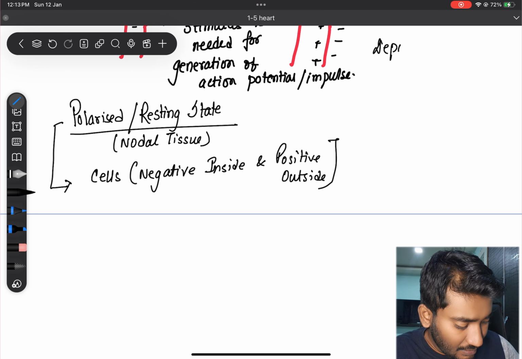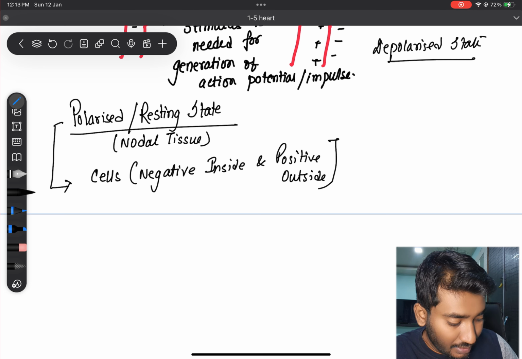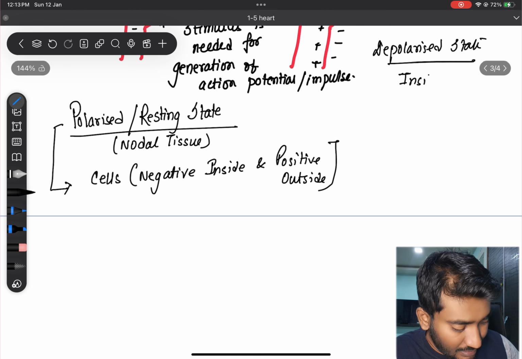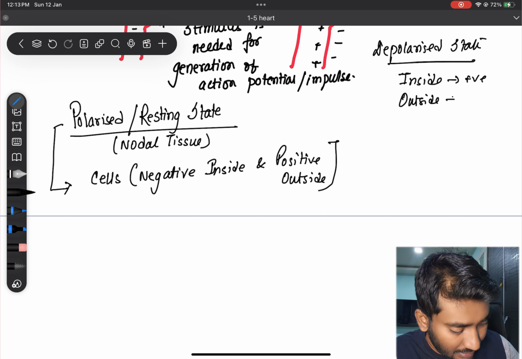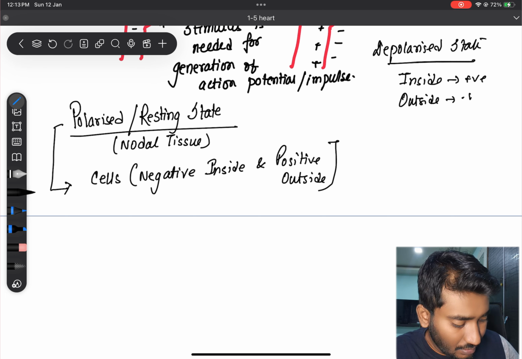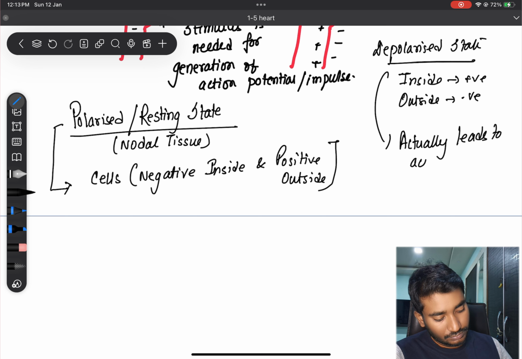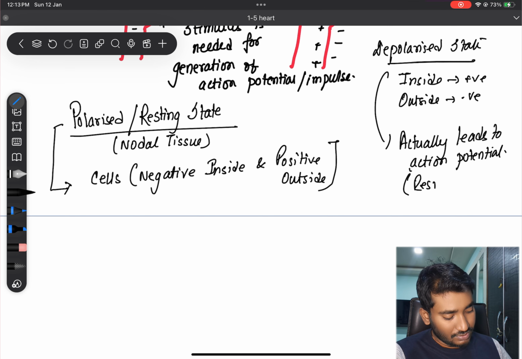And what is the depolarized state? Inside is positive, outside is negative, just the opposite. The depolarized state actually leads to action potential. That is the response.